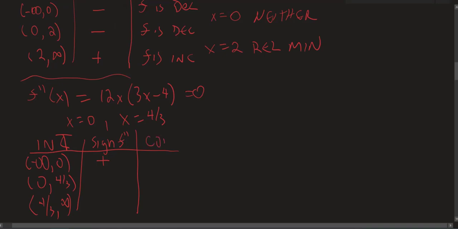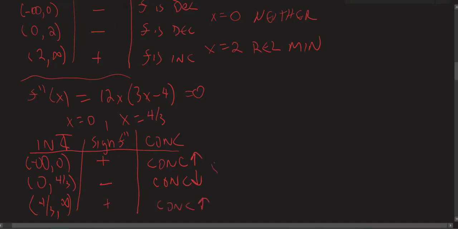So our conclusion is that it's concave up on that interval. From 0 to 4/3, the second derivative is negative, so it's concave down on that interval. And then on 4/3 to infinity, if we plug a number in on that interval, let's say 2, you would get the second derivative is positive, and that's concave up.